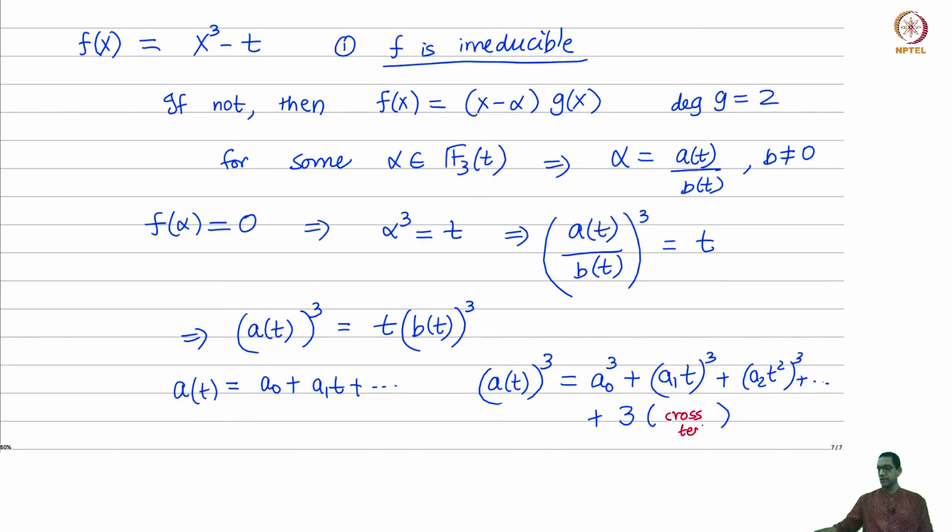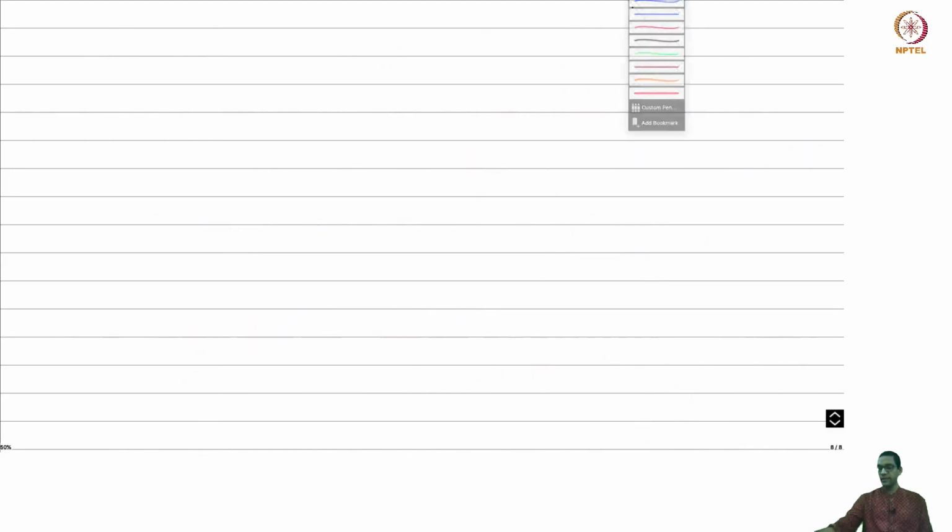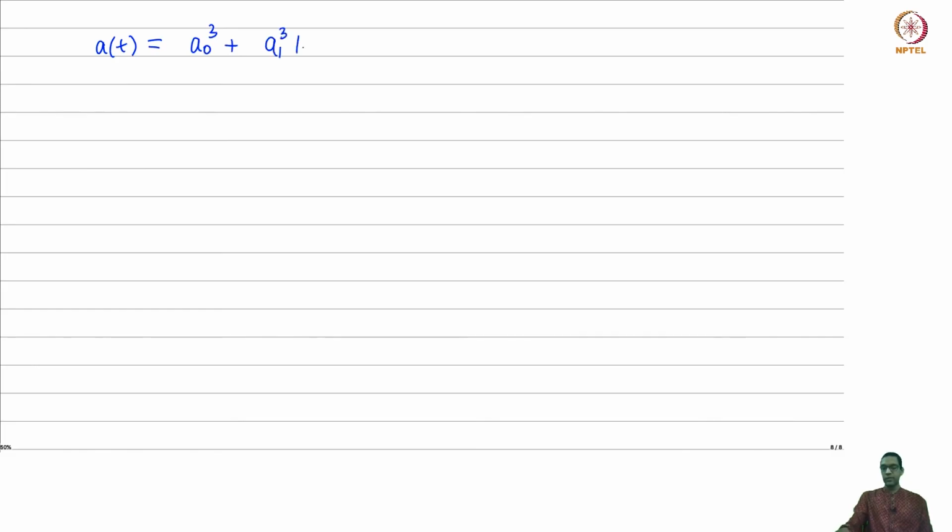Okay, so these are the cross terms in the expansion, and they're all 0. Why? Because, recall, everything is over the field F3(t). Or you can say that, as we just observed, 3 times any element of F is just 0. The field F3(t) is of characteristic 3. So these terms are 0 in F. Okay, so the element a(t) cubed in the field F just works out to be a0 cubed plus a1 cubed t cubed and so on.